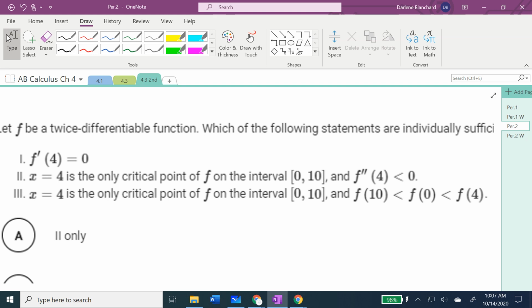I'm going to repeat that it wants to know which individual statement is on its own sufficient to say that on the closed interval 0 to 10, the absolute maximum occurs at x equals 4.